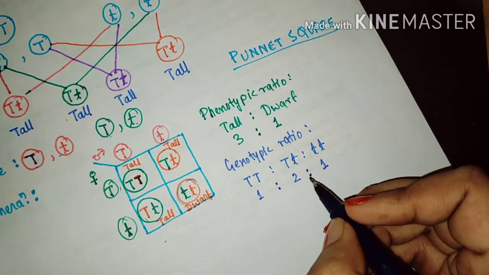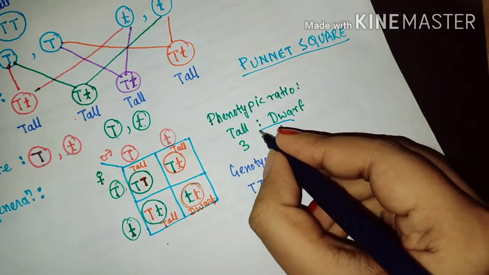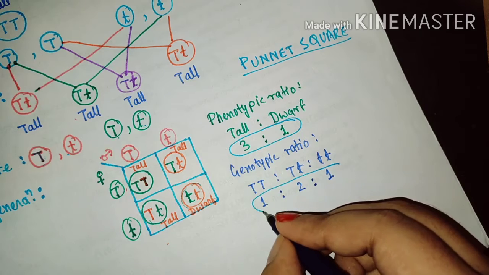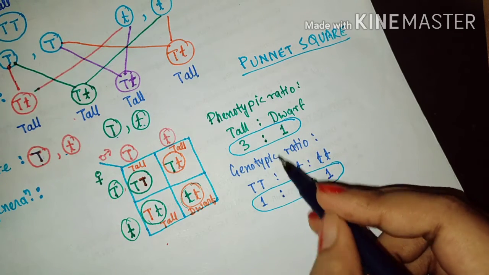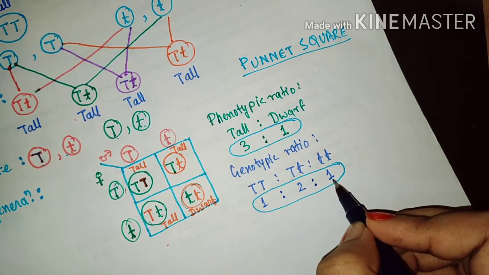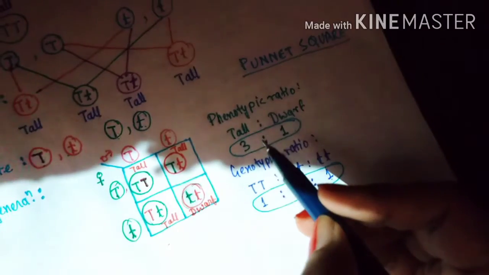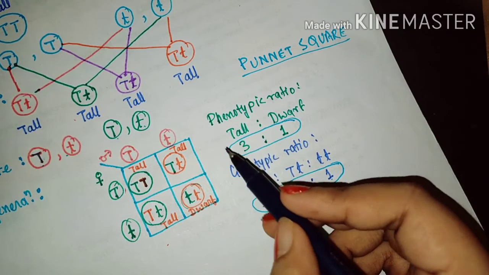This thing you have to remember. These two ratios are very much important for the monohybrid cross. Always remember, whenever monohybrid cross ratio is asked, they will ask you what is the phenotypic ratio and what is the genotypic ratio. So genotypic ratio is 1:2:1. Phenotypic ratio is 3:1.